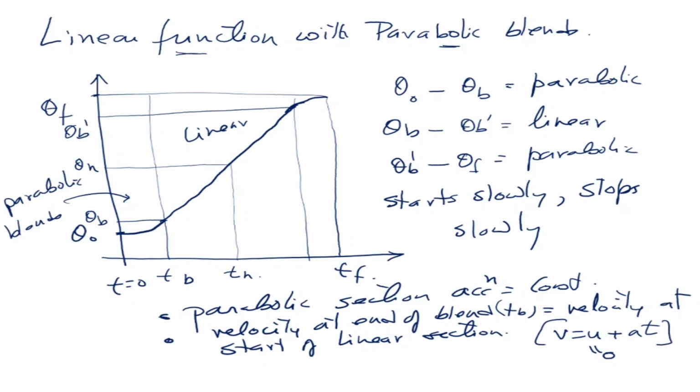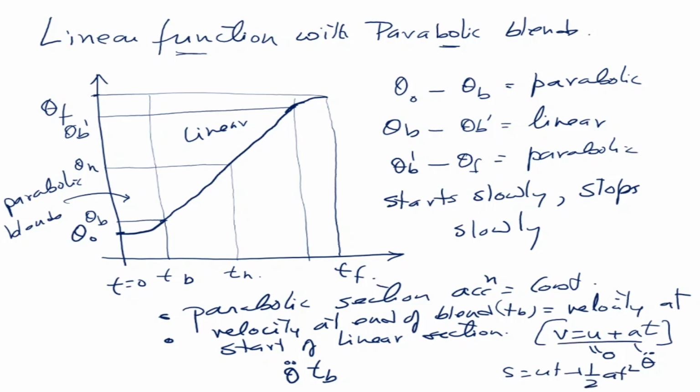So a is my acceleration. Suppose I say this is equal to theta double dot, the acceleration at the blend section. Then using this equation, what we get is theta double dot into TB, the time of blend.